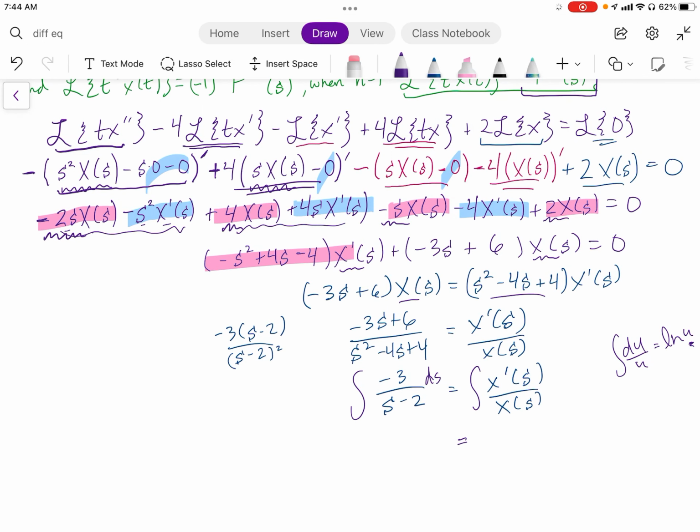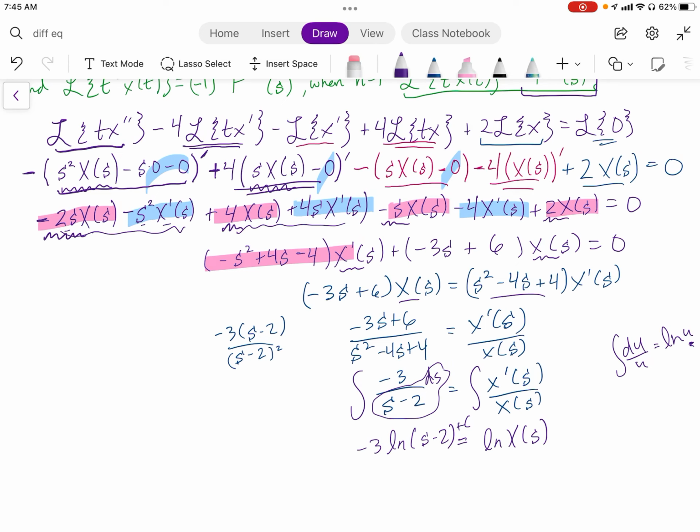On the right-hand side, we have ln x of s, du over u. On the left-hand side, we have negative 3 ln of s minus 2, since ds over s minus 2 gives ln of s minus 2. Can't forget the plus c. I ran out of room and kind of forgot it for a second, but we do have the constant.